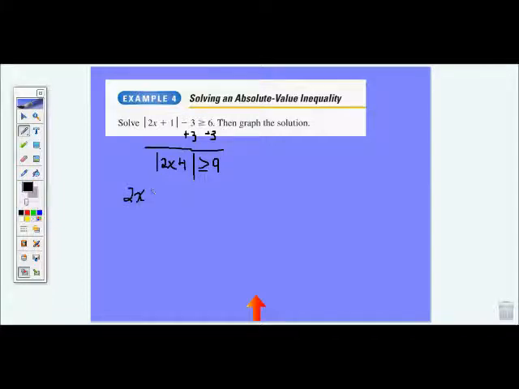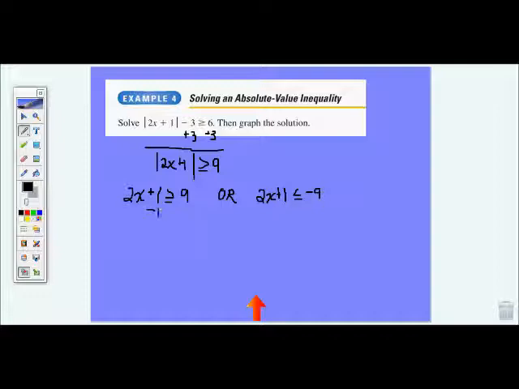So I have 2x plus 1, and I'm going to leave my sign the same, greater than or equal to 9. Now I'm going to do the negative of that. Multiplying by a negative sign, I would need to reverse my symbol to solve for negative 9. Now the original one said greater than, so we know this is going to be an or statement.